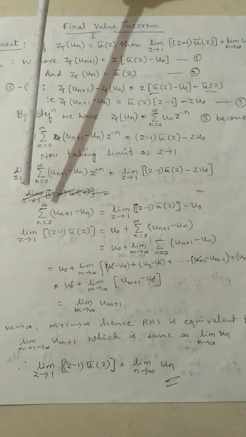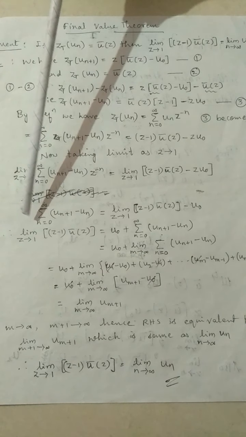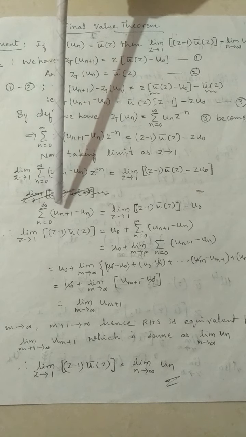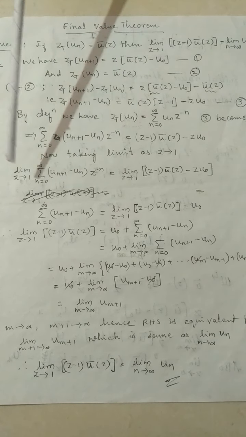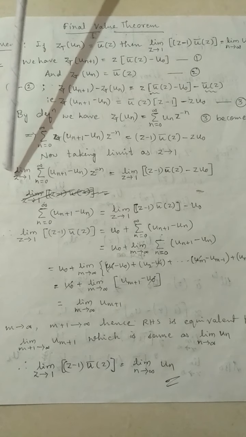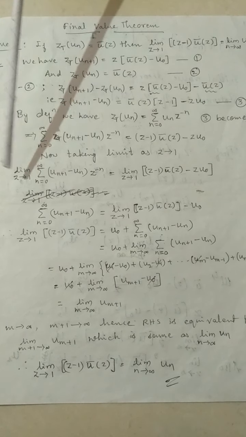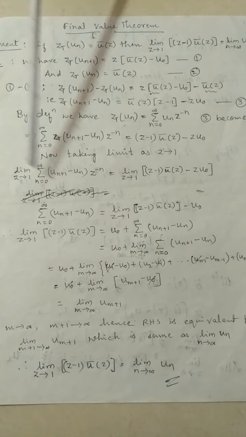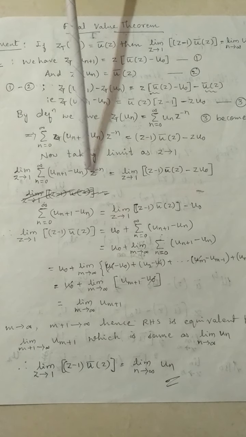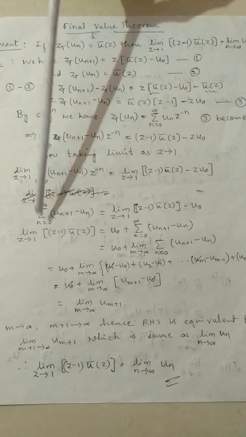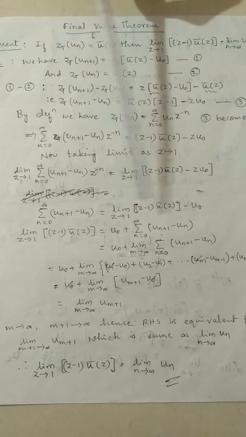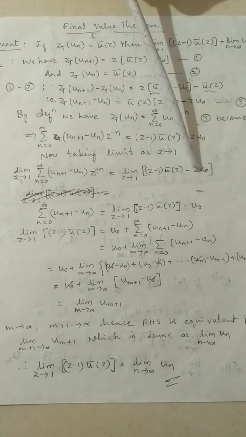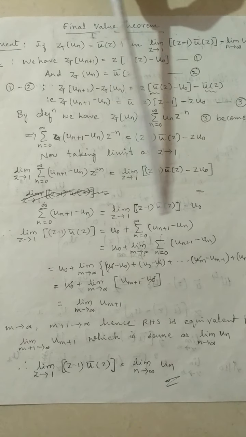So in the next step, we are writing it as summation n is equal to 0 to infinity (u_(n+1) minus u_n). Only this much we get. Why? Because we have taken z tending to 1, so that means we are replacing z by 1. That's why this term becomes 1, so under summation sign we are left with only this term. So right hand side, limit as z tending to 1, z into u naught, that is 1 into u naught becomes u naught, and this term we get.